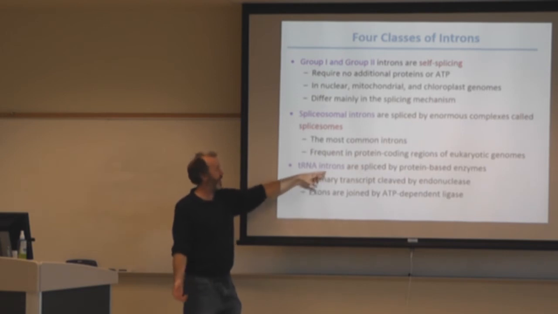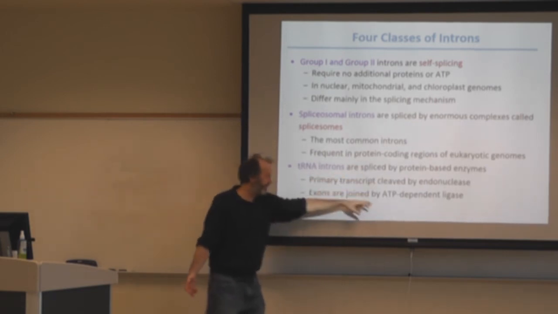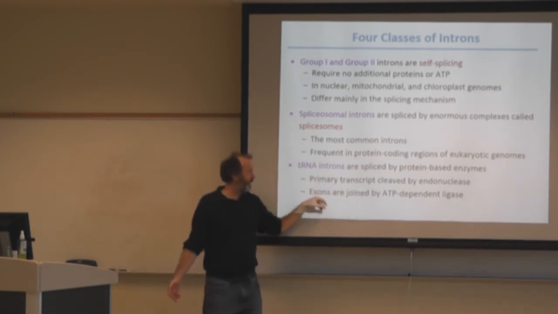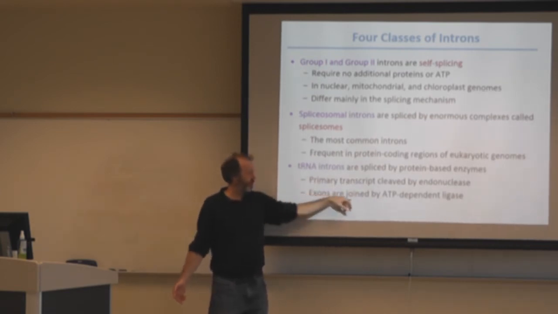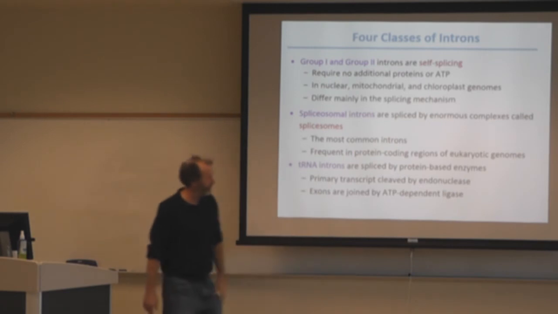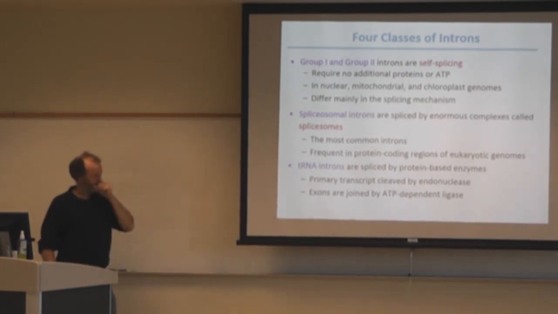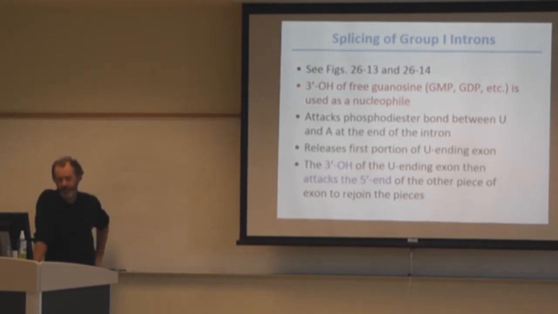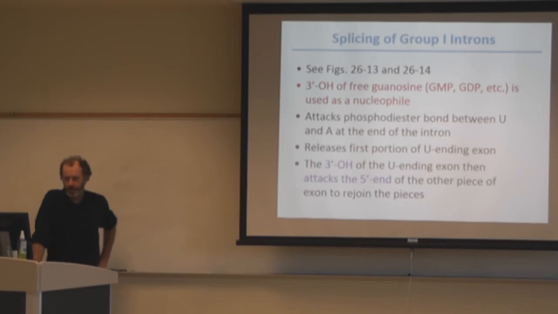Then tRNA introns are spliced by protein-based enzymes. Primary transcripts are cleaved by an endonuclease, and exons are joined by ATP-dependent ligases.